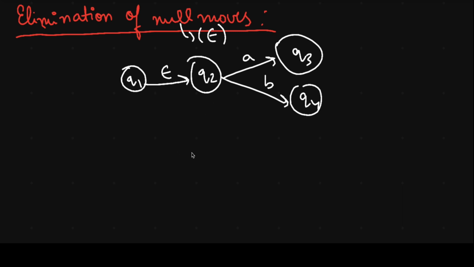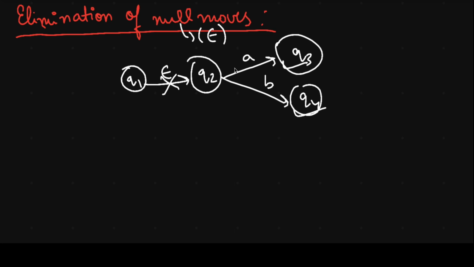No, it can't be done, because if we remove this, then how will you reach here or here? So you can't simply just delete this transition. There are certain rules to do it, otherwise it will just disconnect the whole system.